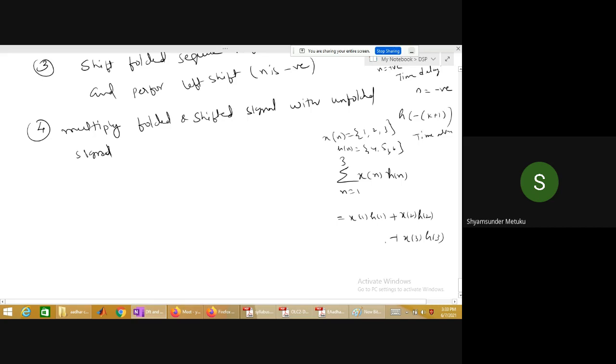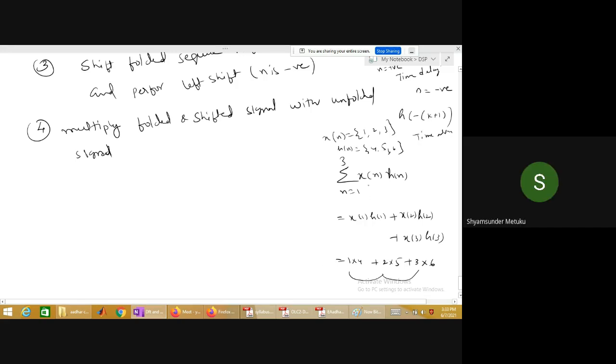So is it not 1 into 4 plus 2 into 5 plus 3 into 6? Correct or not? So once you multiply, don't you think you need to add all the sum of products?